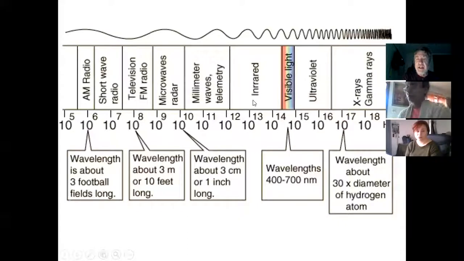Then you start getting into infrared, and then the colors that we can see, red to yellow to green to blue to ultraviolet. Then you get up into X-rays and gamma rays. Those are light waves. Now, I'll stop sharing for a second.